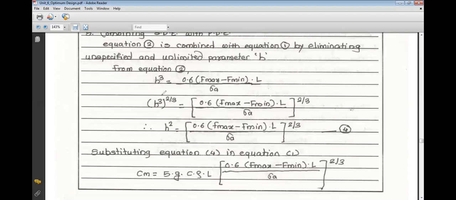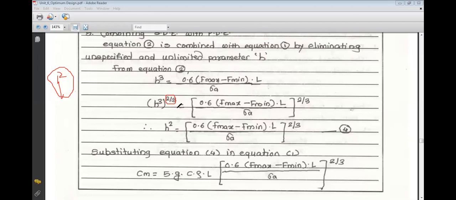Now in our primary design equation, the term h square is there, so we have to eliminate the h cube term into h square. For that we take h cube raised to 2 by 3, so the 3 cancels and it becomes h square.